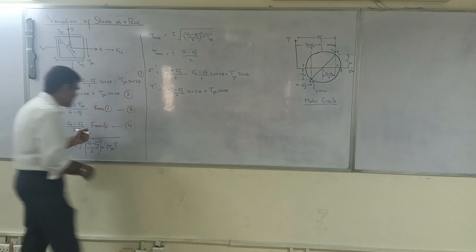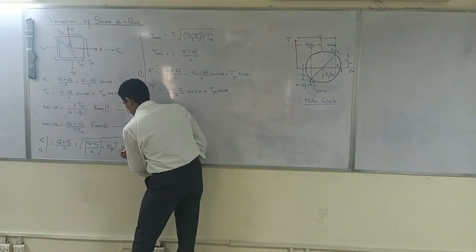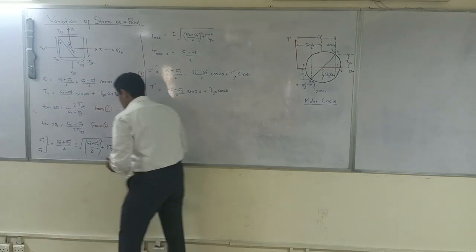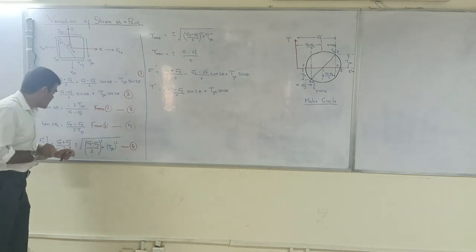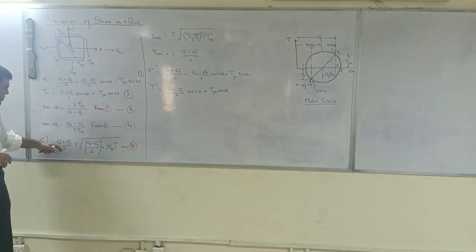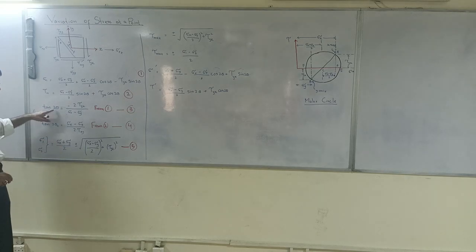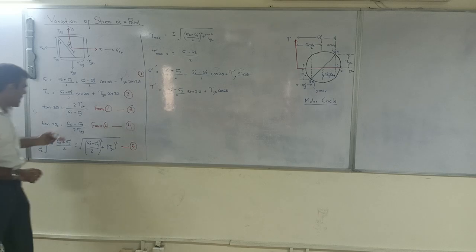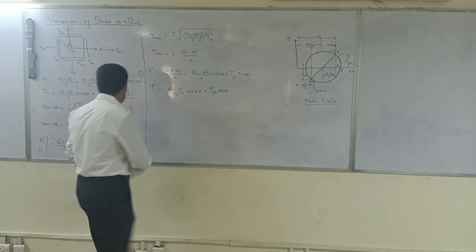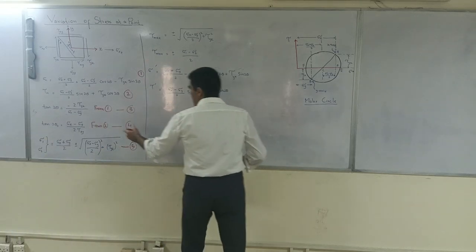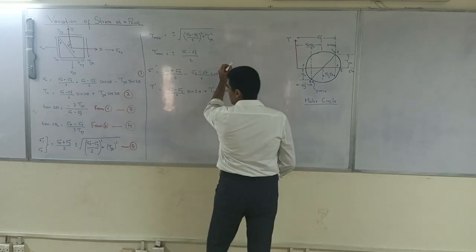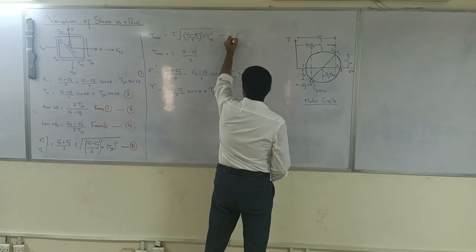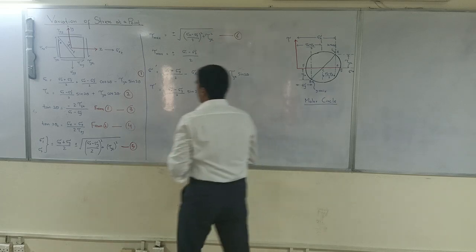So let's call it equation 5, which you get from plugging the value of 2 theta into 1. And then if you plug the equation 4 in 2, you get equation 6. So that is your tau max.